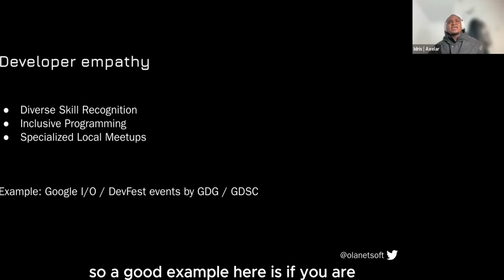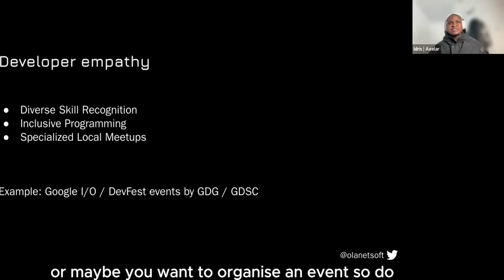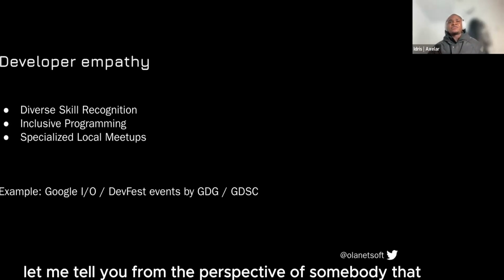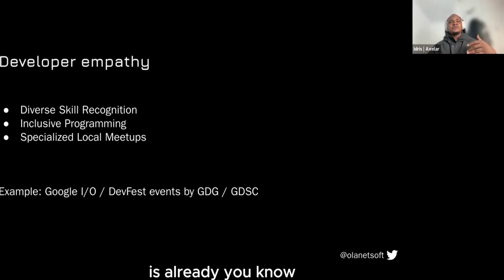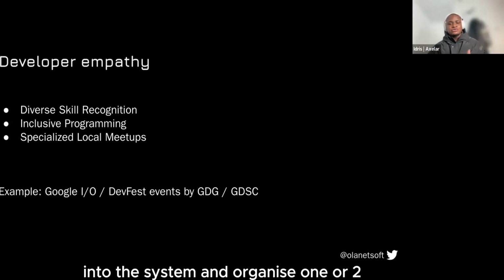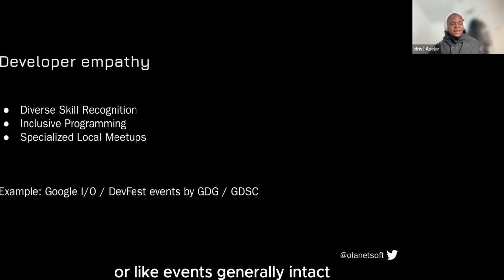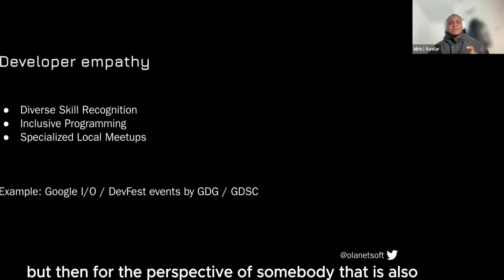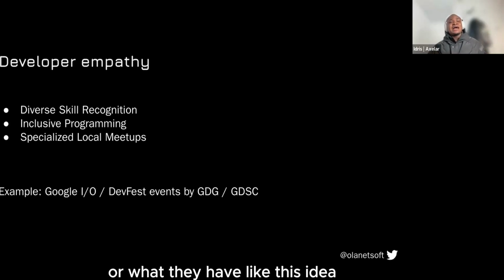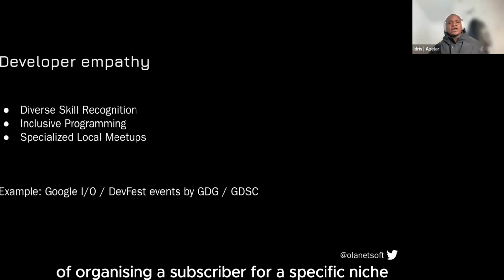A good example here is if you want to organize an event. Let me take it from the perspective of somebody who is just getting started, not someone who has already organized two or three developer events or tech events generally, but who has an idea of organizing an event for a specific niche.